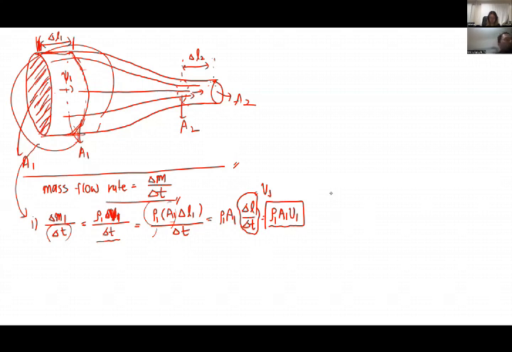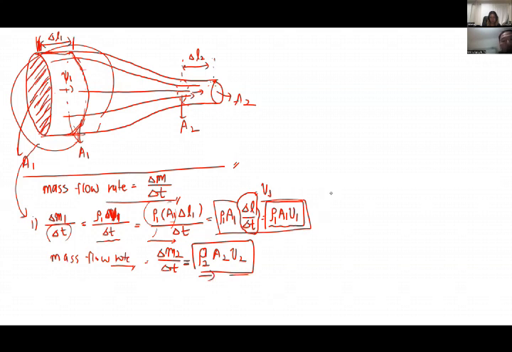Same thing, the mass flow rate at the output of this pipe should be delta m2 over delta t. By means of the same derivation as the input flow rate, you get this result: rho 2, A2, V2.